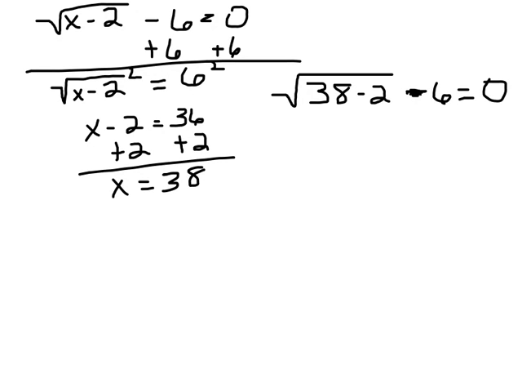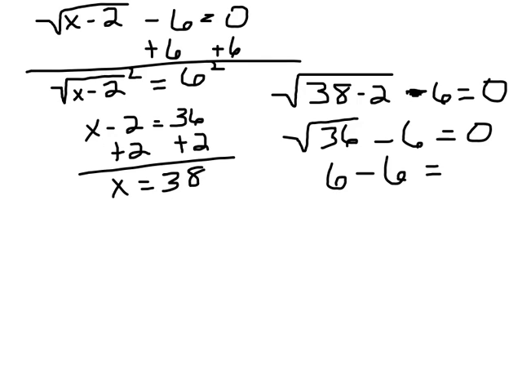Alright, 38 minus 2 is 36. So the square root of 36 minus 6 equals 0. And we know the square root of 36 is 6, and 6 minus 6 does equal 0. So we can say that the solution to this is 38. And that is a true solution.